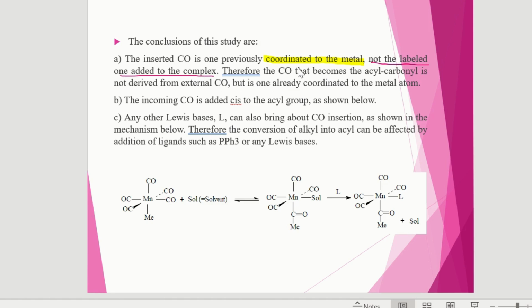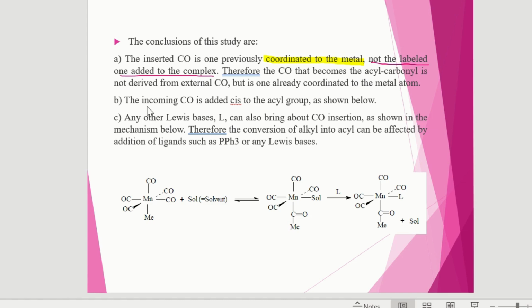Therefore, the carbonyl that becomes the acyl carbonyl is not derived from the external carbonyl, but is one already coordinated to the metal atom. Meaning that the carbonyl that attaches between the metal and methyl group comes from a carbonyl already coordinated to the central metal.